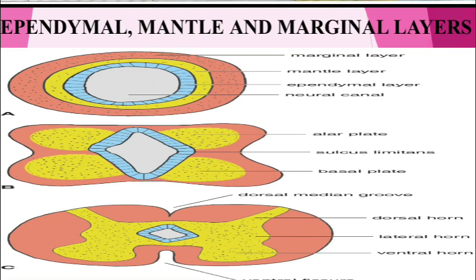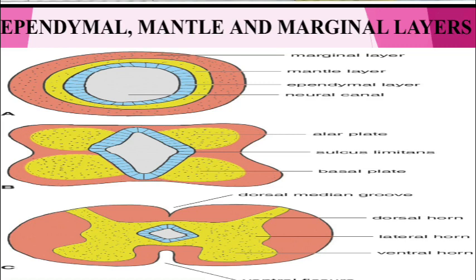These are structures that differentiate to form the spinal cord. And of course, between the alar plate, which is posterior, and the basal plate, which is ventral or anterior, is the sulcus limitans. It's right there illustrated in the diagram.